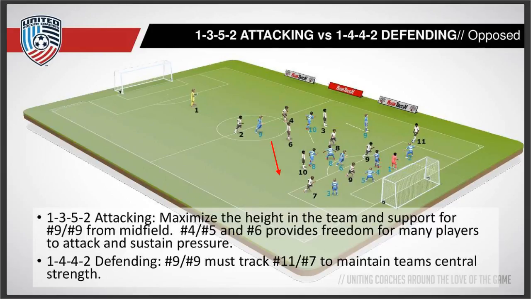And the way that I would certainly propose, to the advantage of the 1-3-5-2, would be to get those wide midfield players 7 and 11 engaged to play around, and even get the central midfield players, the 6 to play on the base, but then to have the 10 and the 8 actually move wider of the diamond so that we can play around the edge of them both through the wide midfield players and the 8 and the number 10.